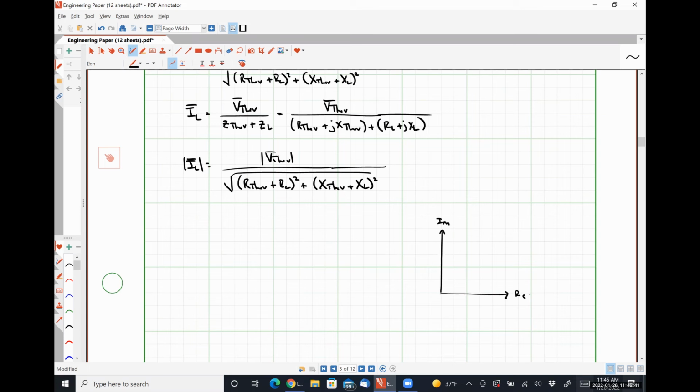So it has some real part that's positive and some imaginary part that's positive, such that ZL looks something like this on a complex plane, where the projection onto the real axis is RL, the projection onto the imaginary axis is XL, and the angle formed here, theta ZL, is exactly theta VL minus theta IL, by definition for an impedance, right?